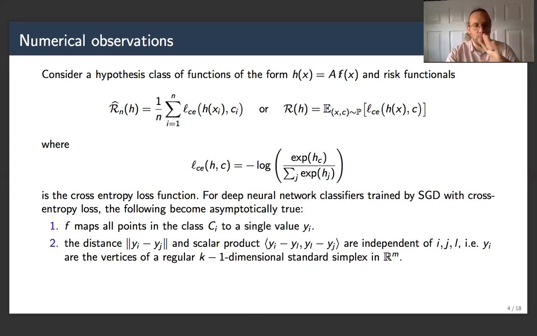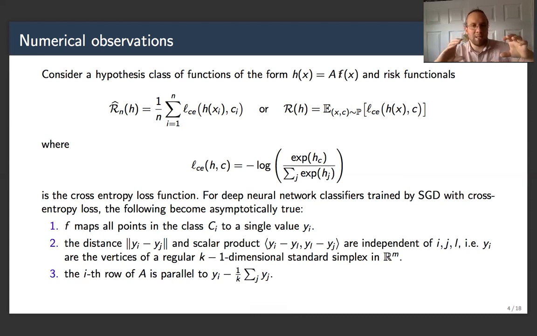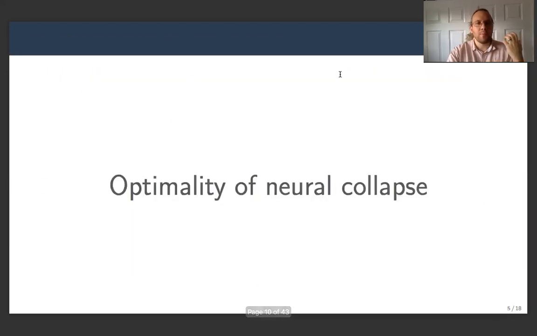The same is true for the scalar product. And three, the ith row of A is parallel to the vector that points from the center of mass of all the class outputs to the particular class output. So this is what the authors dubbed neural collapse, and we were curious to see why this happens.